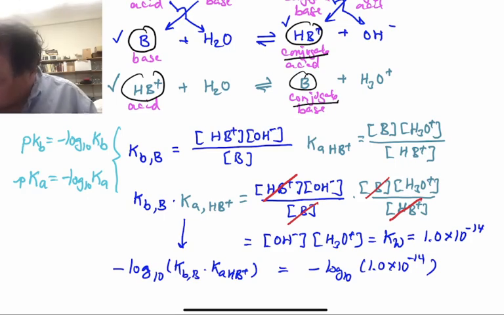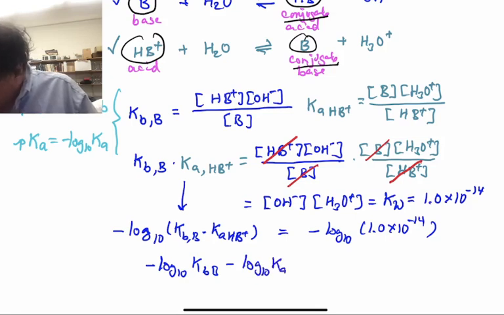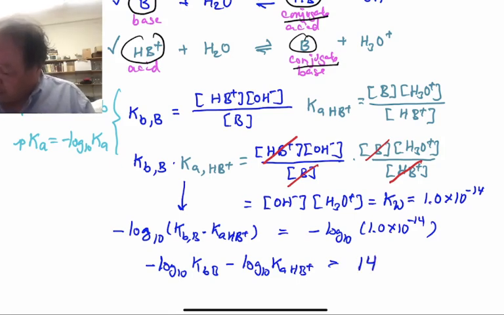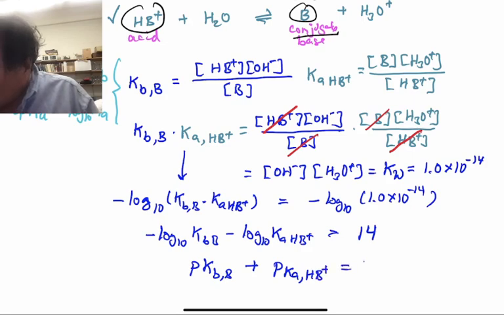So this is a multiplication, and logs turn multiplications into addition. So this becomes minus log base 10 Kb of B plus minus log base 10 Ka of HB plus, and this is 14. Minus log Kb of B is just pKb of B, plus pKa of its conjugate, HB plus, and that is equal to 14.